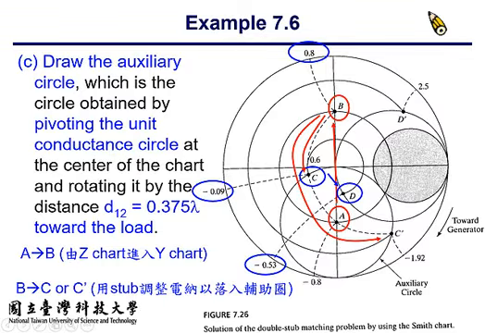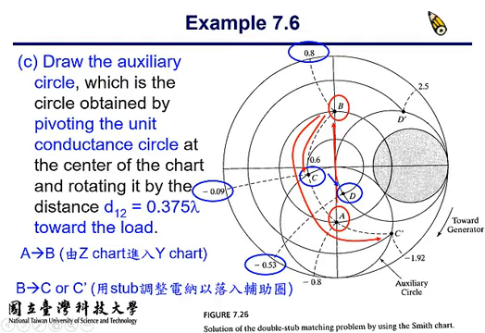So what is the admittance at point D? Well, G equals to 1. And what is the B value? Its B value is minus 0.53. So YD over here equals 1 minus J.53.